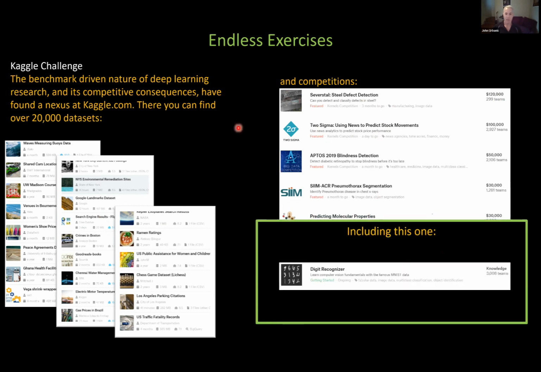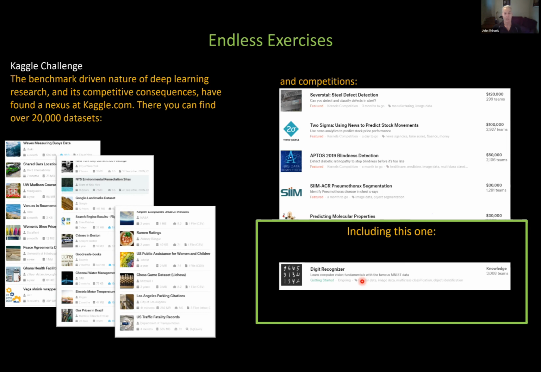And as a matter of fact, you can even find digit recognition going on. When I snapshotted this, and probably most of the time, no money for that one, but a lot of teams. And you can see the winning algorithms and their results. I'm glad to give you some exercises like on a previous slide to work with, but even beyond anything I can give you, I encourage you to go and grab something from your own area of interest, whether it's just enthusiasm or whether it's applicable to the domain that you're really interested in developing an application for.